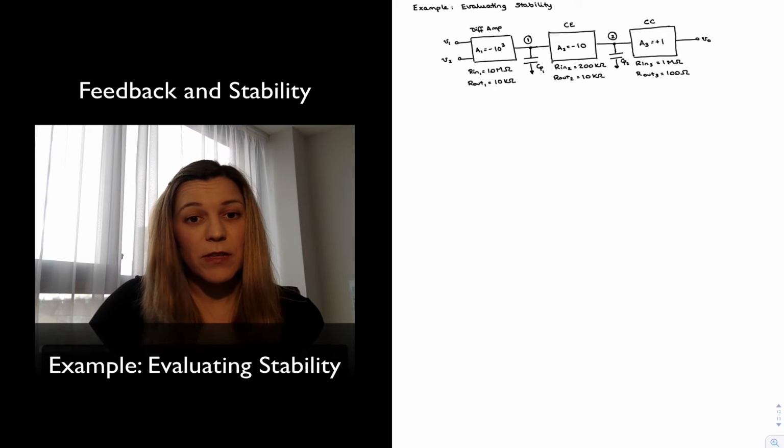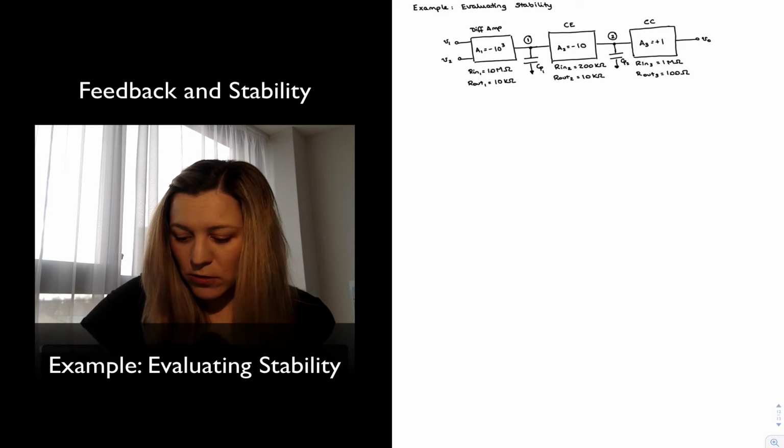So I'm going to be determining stability based on the first 2 poles, because remember, the first pole is the one that's going to take my phase shift from 0 degrees to negative 90, and the second pole is going to take it from negative 90 to negative 180. And that's my limit for stability, if you will. And so I care about the location of those poles. The third pole, if it is at a sufficiently high frequency, is not going to interfere.